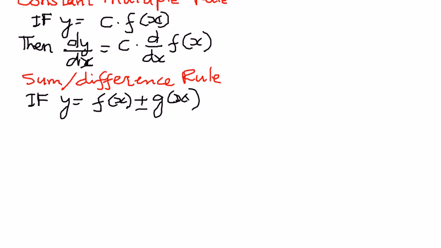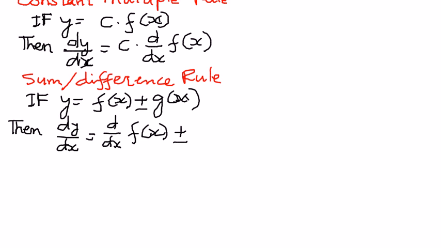So it could be a sum of two functions or a difference of two functions. In that case, I can write dy by dx as equal to the derivative of the first function, f of x, plus or minus the derivative of the second function, g of x.